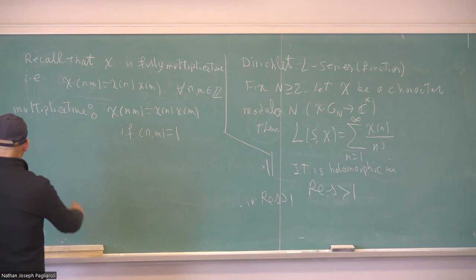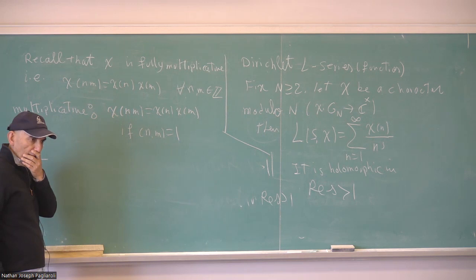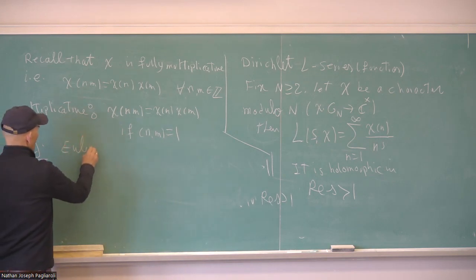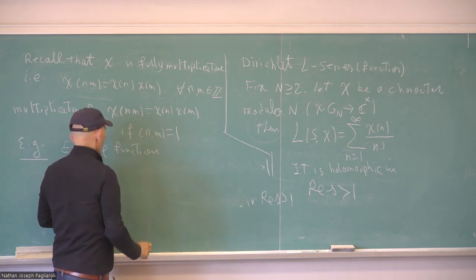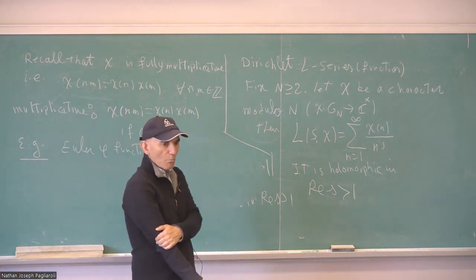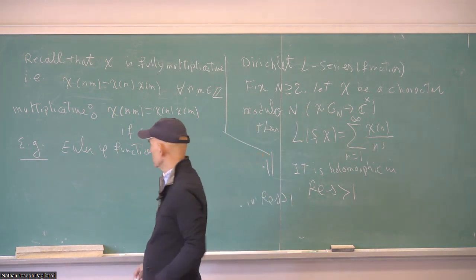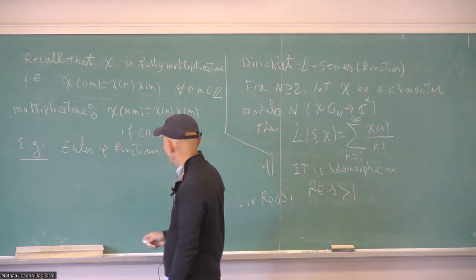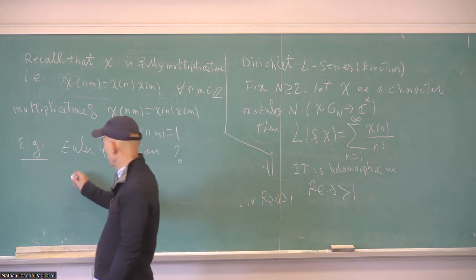So here are some examples. Let's look at Euler's phi function. Is this multiplicative or fully multiplicative? Or none? What can you say about phi of n?